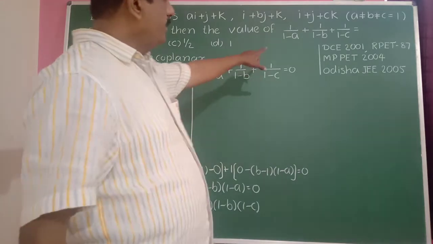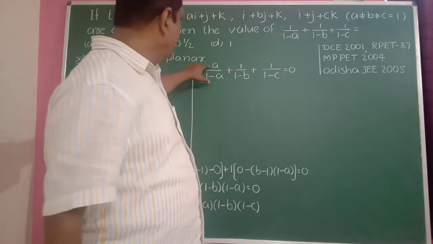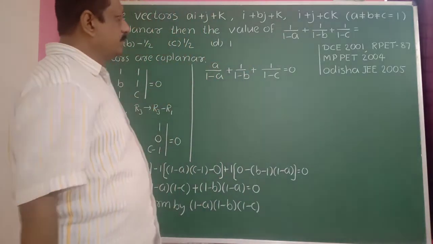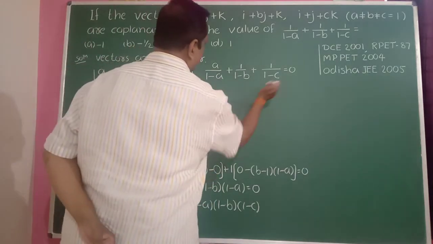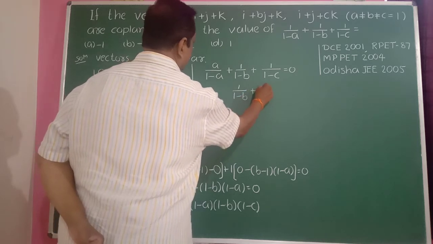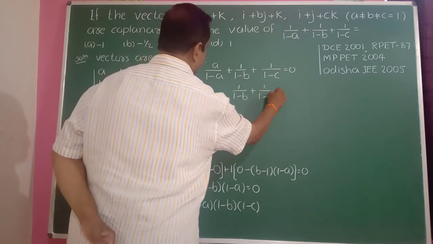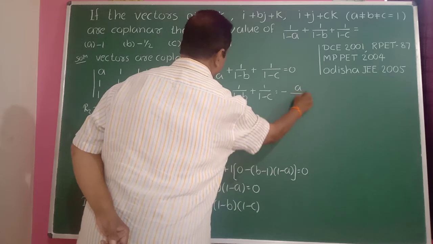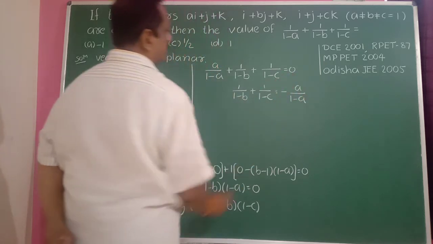But here we want this result. A upon (1 minus A) is that. Therefore take this term to the right side: 1 upon (1 minus B) plus 1 upon (1 minus C) is equal to minus A divided by (1 minus A).